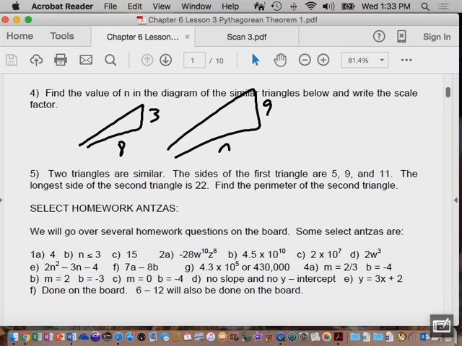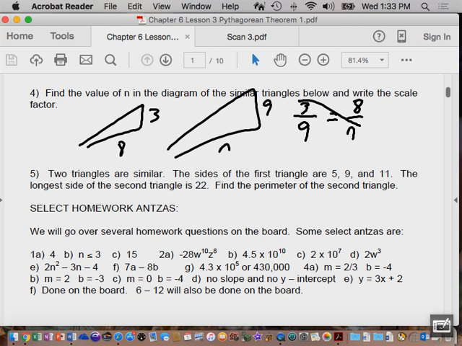All right, so the next thing that we're going to do is, yes, little is to big. So the side of the little triangle, 3, is to the side of the big triangle, 9. They pair up, they correspond. Good word there, that word correspond. Now, this 8, is that the little triangle or is that the big triangle? Little. So that means the 8 goes in the top, and the n is from the big one.